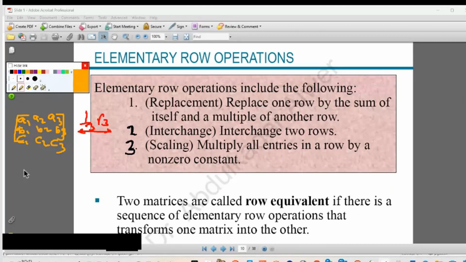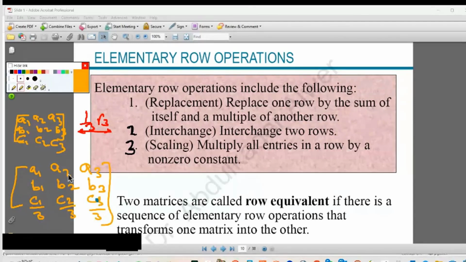So I will write A1, A2, A3, P1, P2, P3, and C1 over 3, C2 over 3, C3 over 3. Is it clear about scaling? Again, a non-zero constant. Not a variable, a constant number, either a complex number or any number, not a variable.